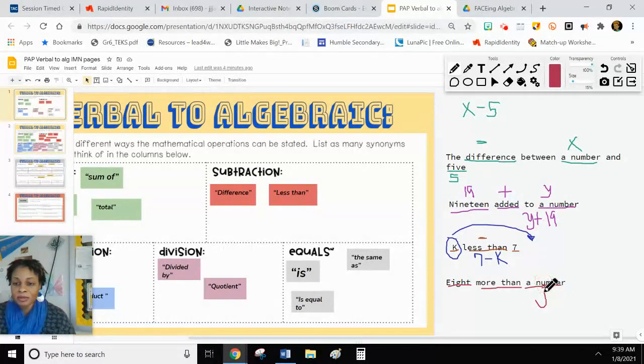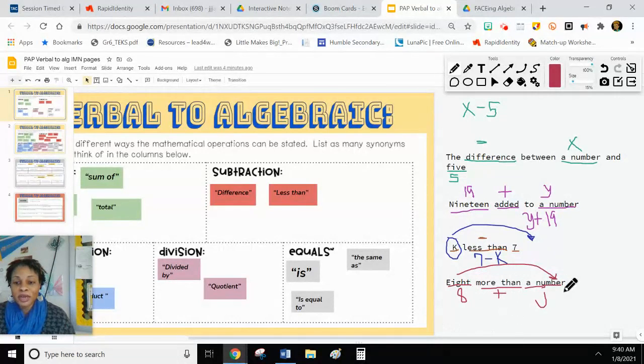Hopefully you know that more than is addition, and our number we're doing is 8. So remember, anytime it has less than or more than, this number is going to go to the back. It's going to be the second term. It won't be the first.